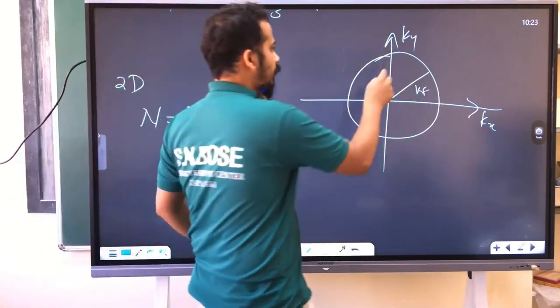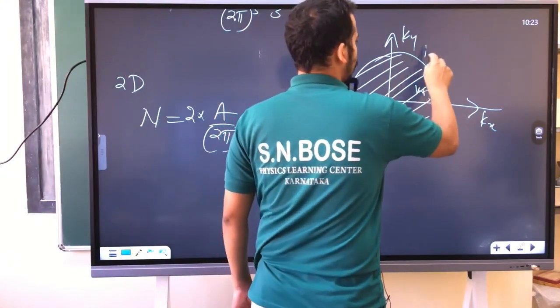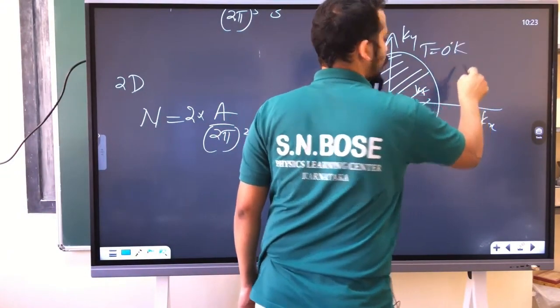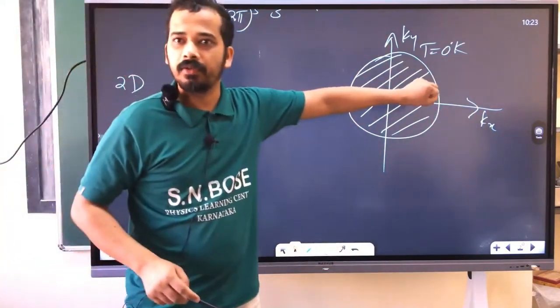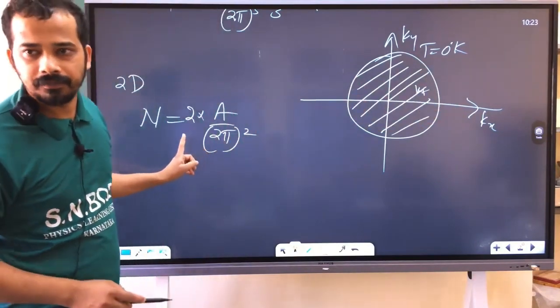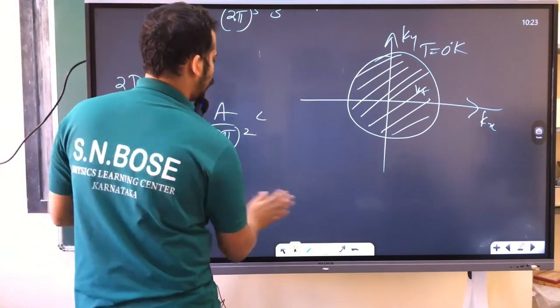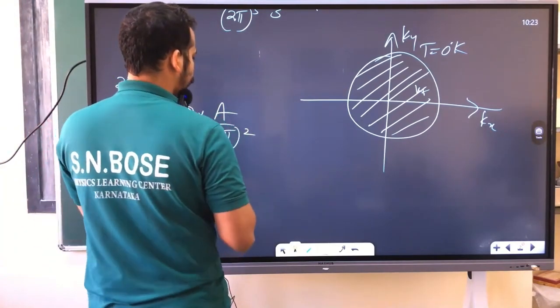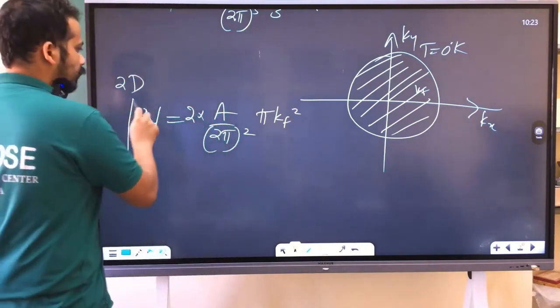All of these states within that are completely filled at T equal to 0 Kelvin. Then counting the number of states within that is nothing but counting the number of particles, taking care of spin degeneracy. What is the area? pi into kf square. You got this expression directly.